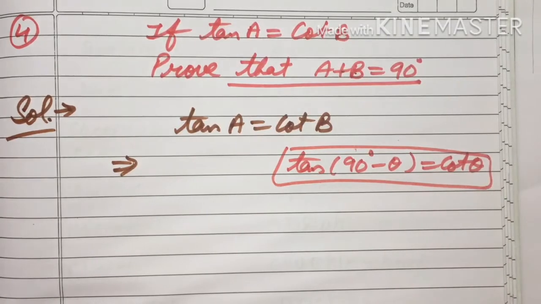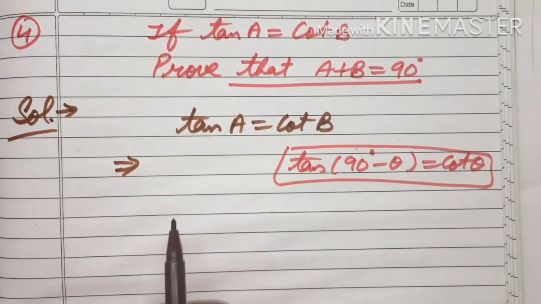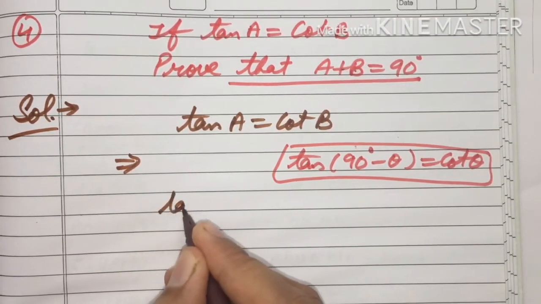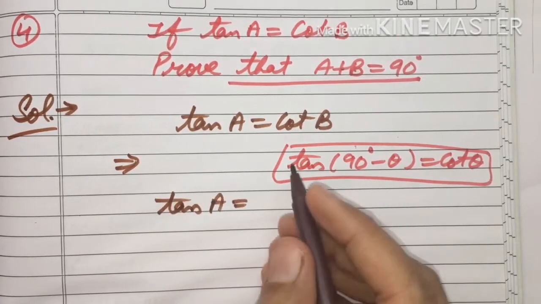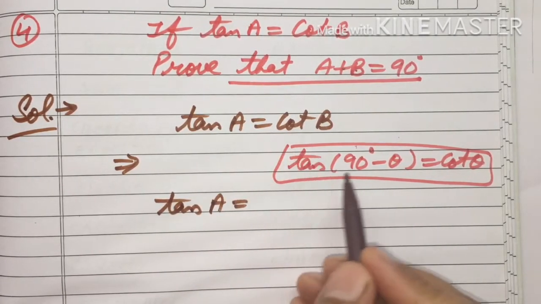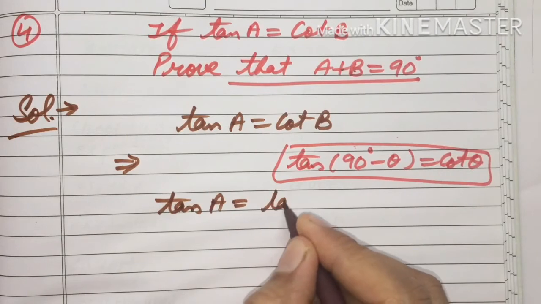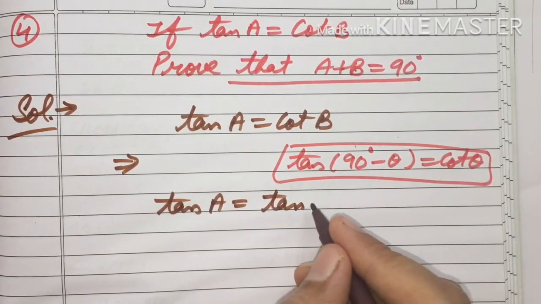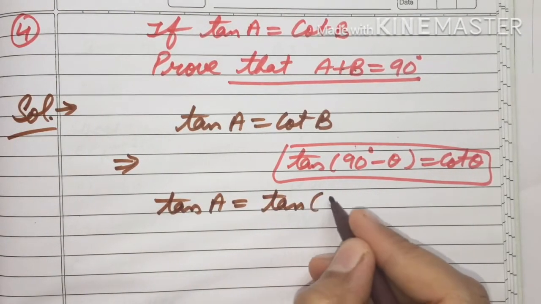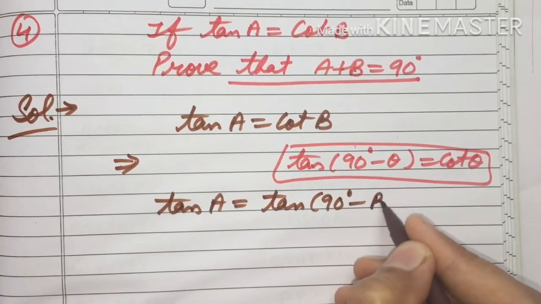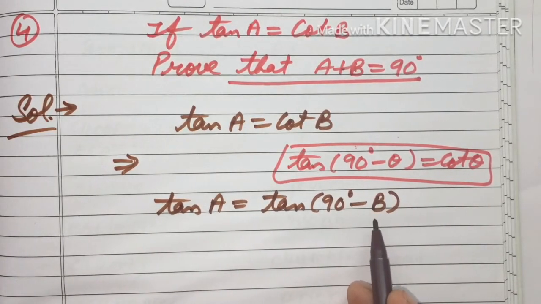This relation we will use in the question. So what we can write down here, tan A on the left side and right side cot is there, we can change into tan by doing like that, tan of 90 degree minus theta, theta is B here.